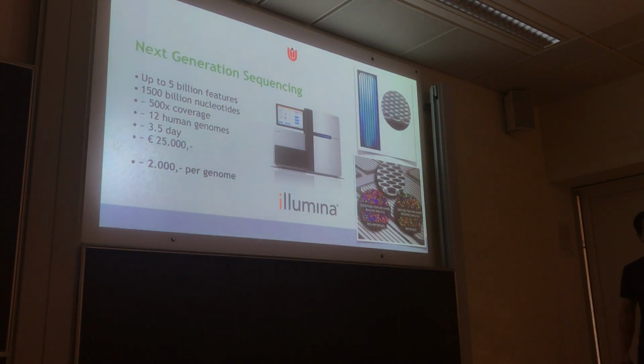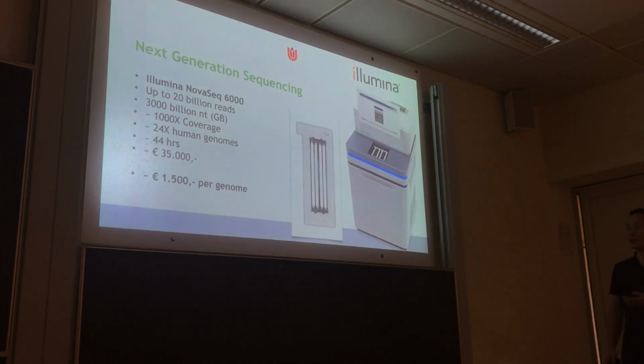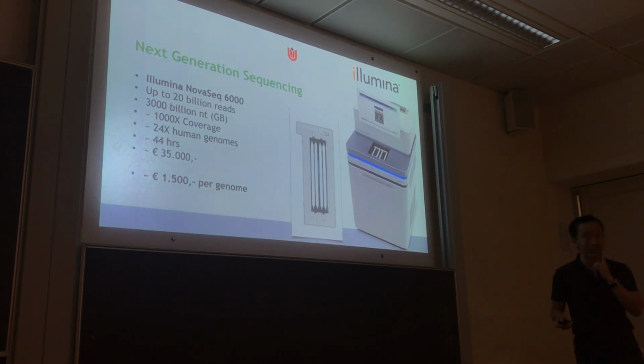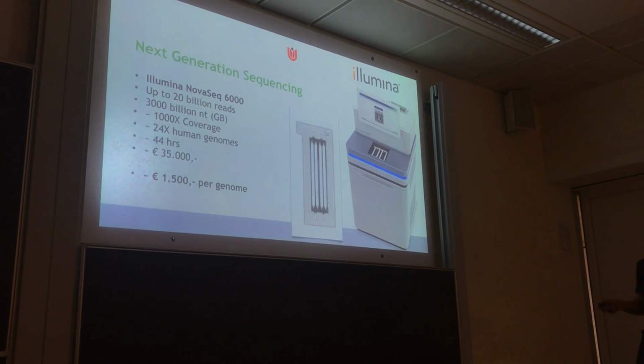And this is the slide that I always need to update each year, because of course there is a new machine already available, which brings down the price to 1,500 euros per genome. And this is just the pricing, not including the actual acquisition of the machine, which is also very, very expensive. So you might have heard about the $1,000 genome. And if you look at this, you say, oh, we're not quite there yet.